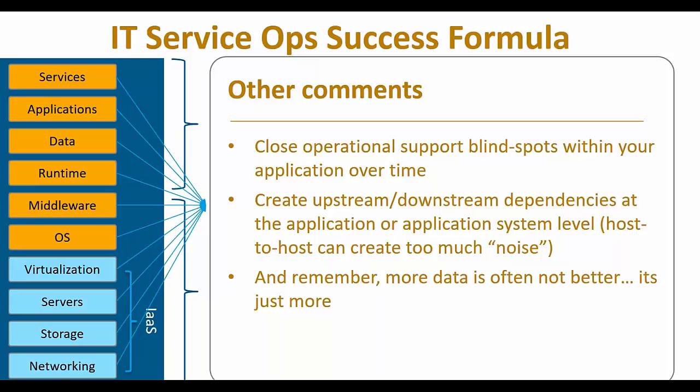The second thing that gets hit up all the time is this notion of dependency. As an application, especially if you're a large application, you're not necessarily an island. You actually are integrated into a larger framework that delivers all of your core IT services to your customers. And for these upstream and downstream dependencies, a lot of the discovery tools can give you those dependencies, but they tend to do it at a very low level.